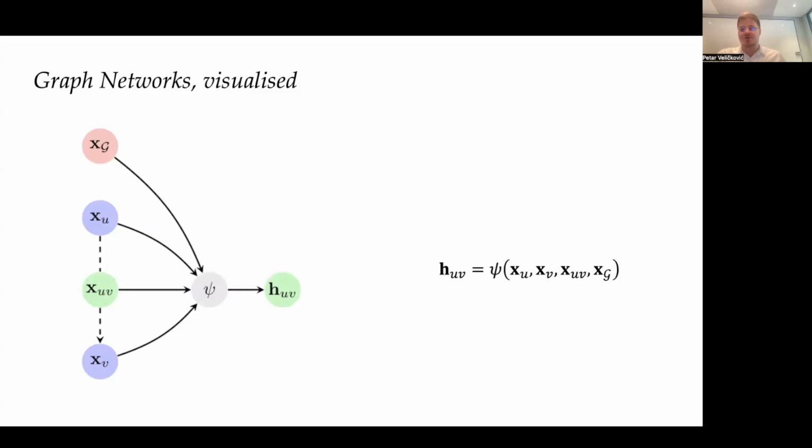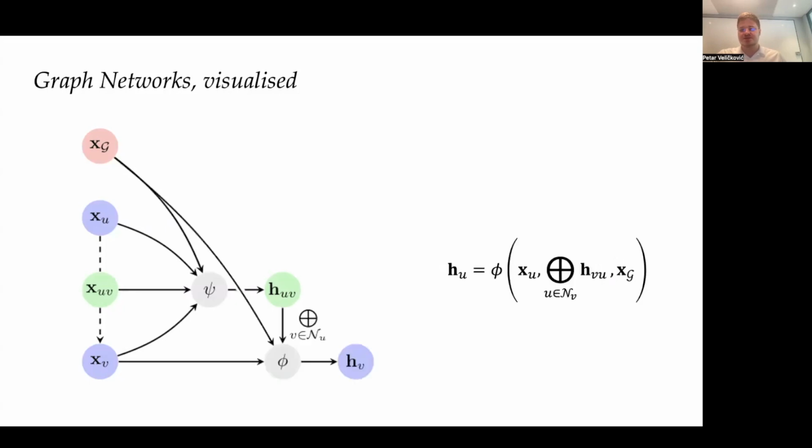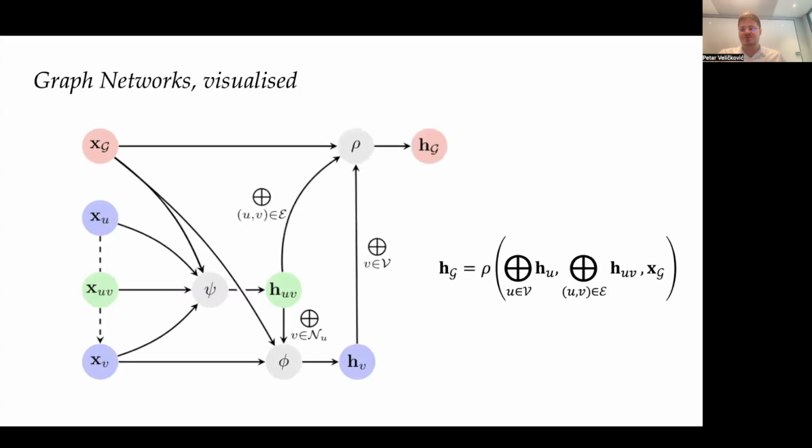Once we've computed all edge features sending to a particular node, we can update that node's features by using the node's previous features, the aggregation of all the edges, and the graph level features.